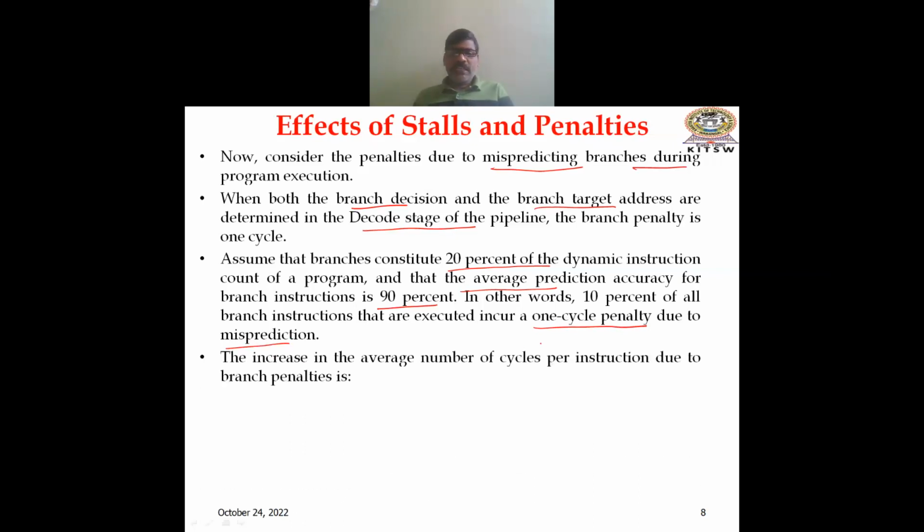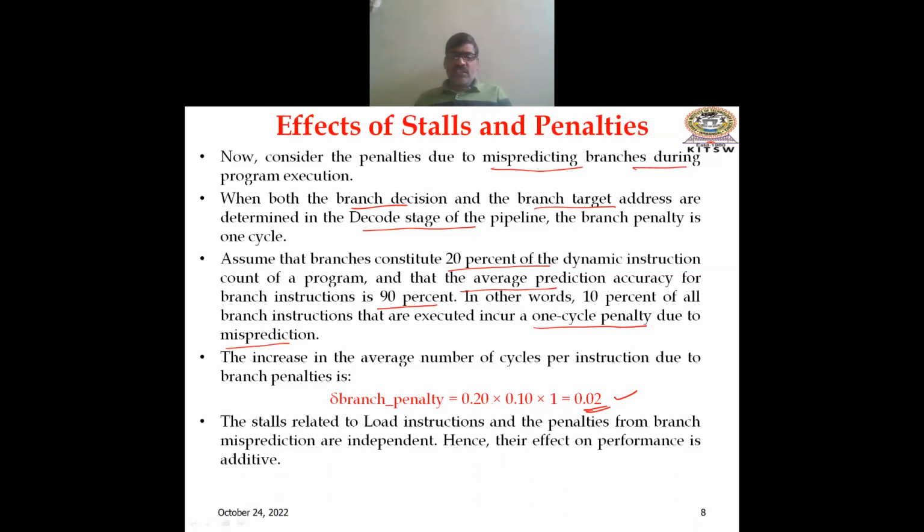The increase in the average number of cycles per instruction due to branch penalty, delta branch penalty, is equal to 0.20 into 0.10 into 1, which is equal to 0.02. This is the branch penalty which is incurred due to misprediction.